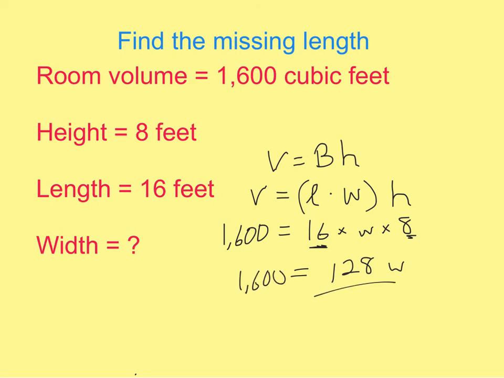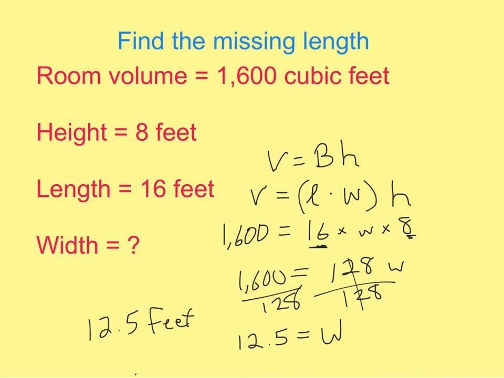And now I'm just going to divide by 128. And once I work that out, I'm left with 12.5, and my label would be feet. Now be careful, because that's just going to be feet. It's not area, it's not volume that I'm finding. I was just finding one dimension, so it's just feet.